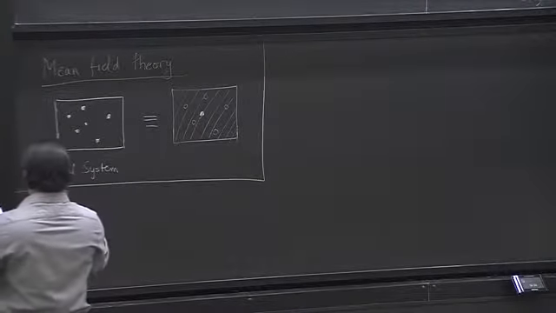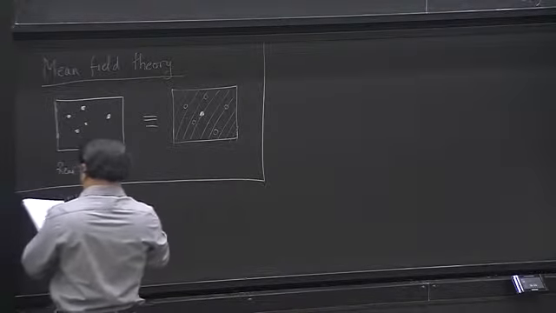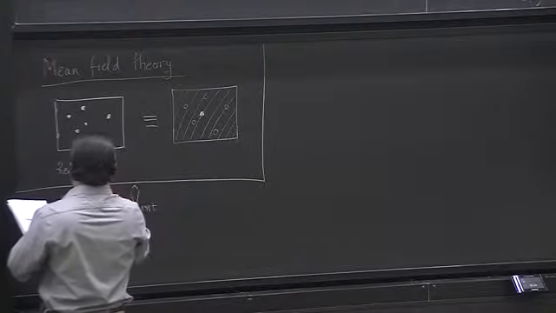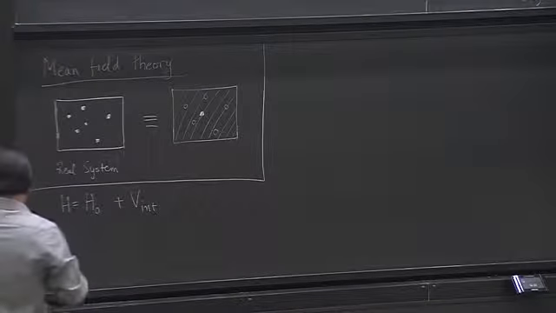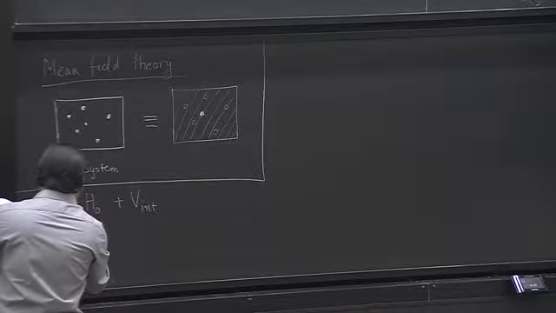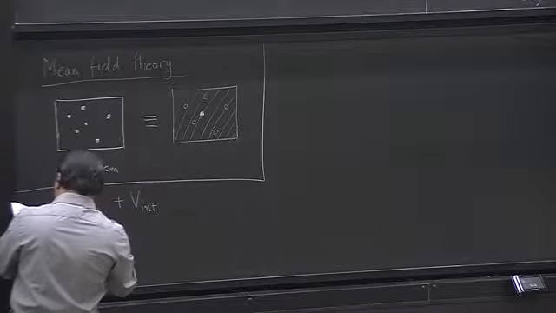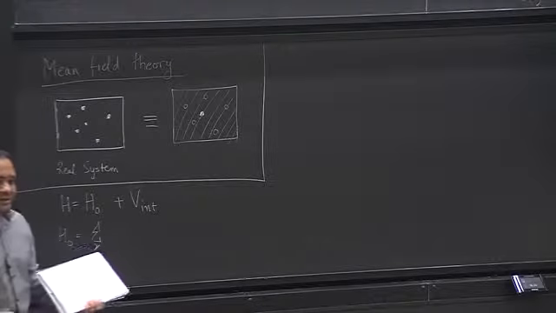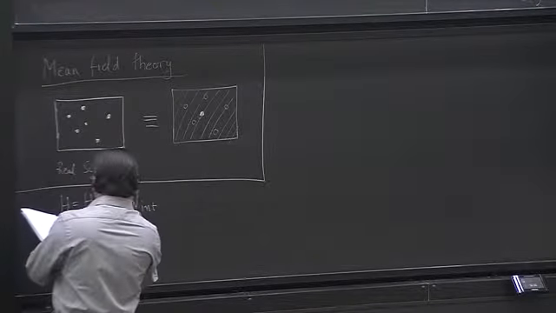So consider a system. I'm not writing hats, these are all operators. So H naught, the free particle Hamiltonian or the single particle Hamiltonian. So we start with a system that has two species of particles. What do I mean by that?